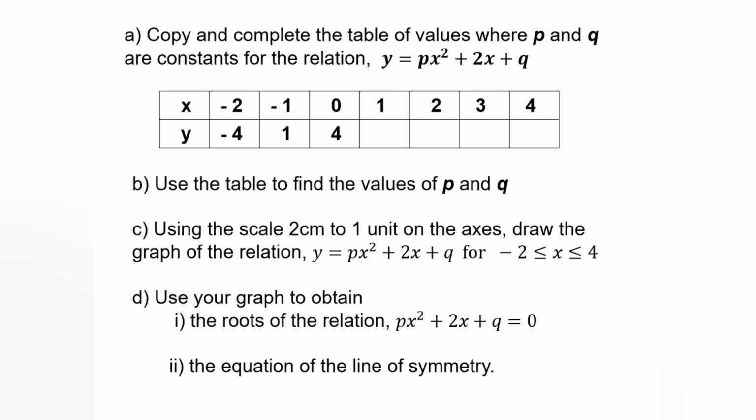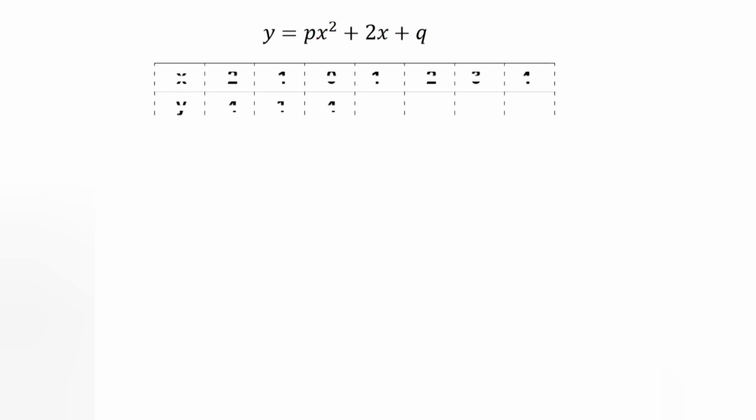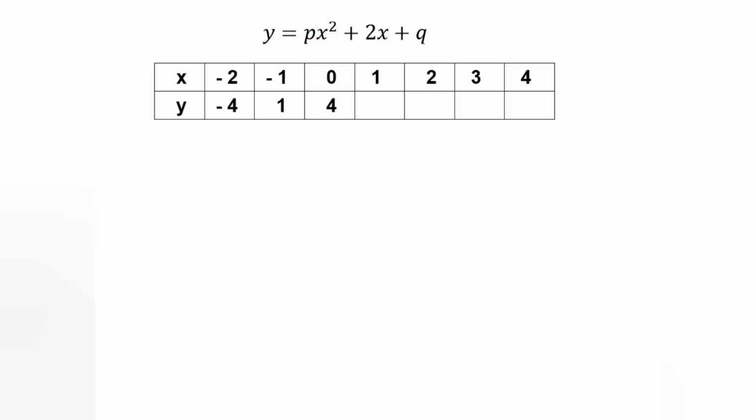So let's look at how we can find the values of P and Q. We can choose two different pairs of values from x and y.